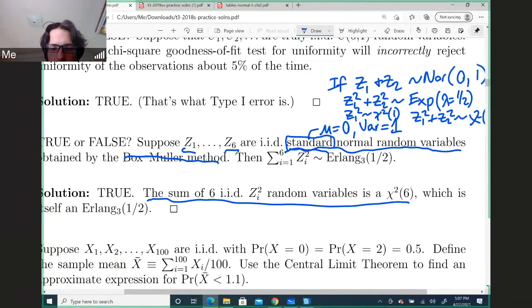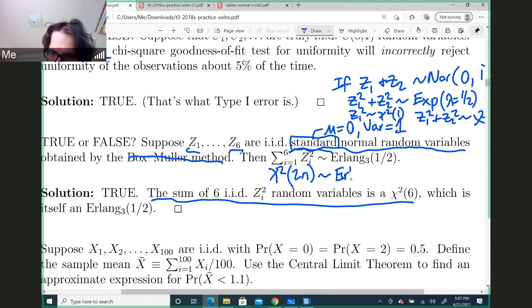One way is to know that there is this additional relationship: if you have a chi-squared variable with, let's say, 2n, where n is some integer, then that's distributed the same as an Erlang with parameter 1/2, and then on the bottom is just n, like that. And so that roughly can apply here.